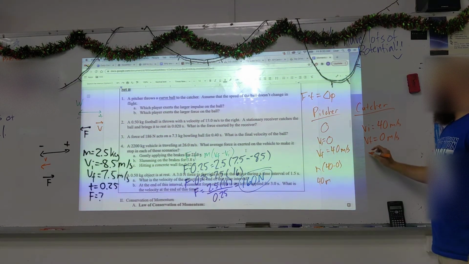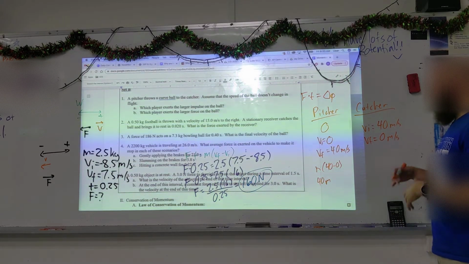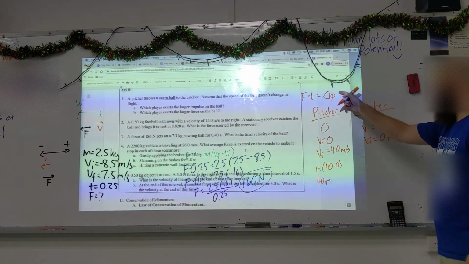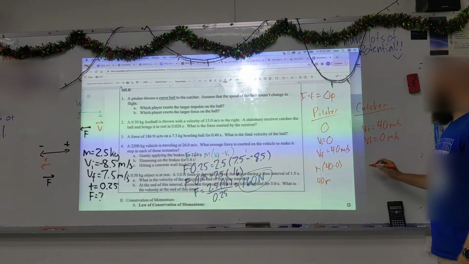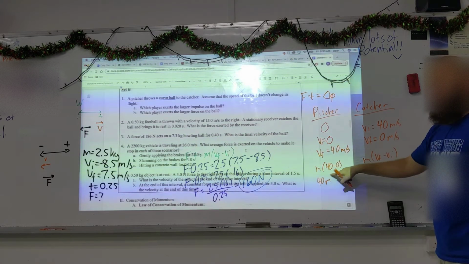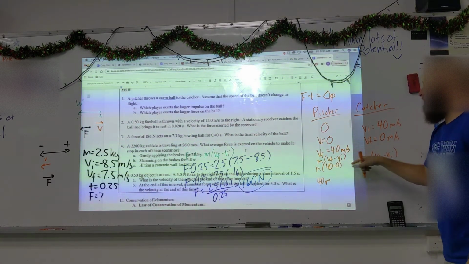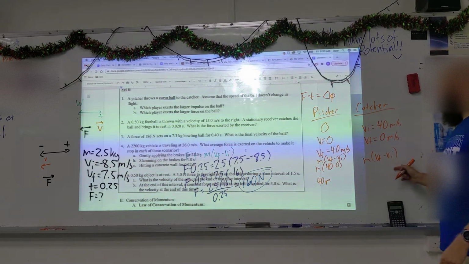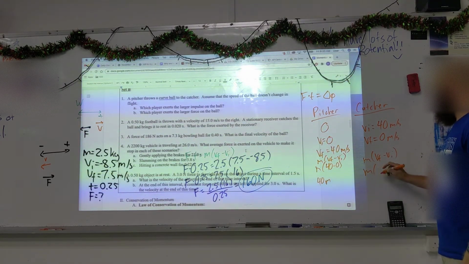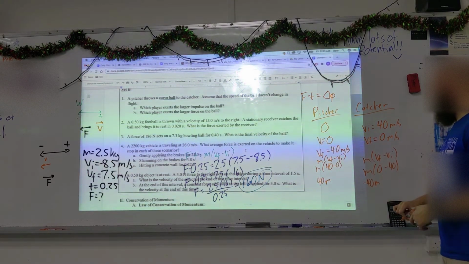And obviously we have the same mass. So his change in momentum is going to be m times vf minus vi, right? That's the change in momentum. So I have m, and then this one is going to be 0 minus 40. So this actually gives us negative 40m.